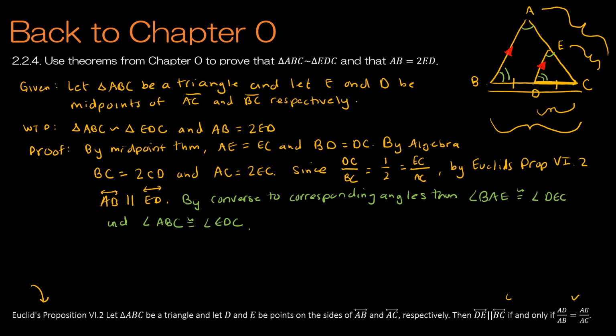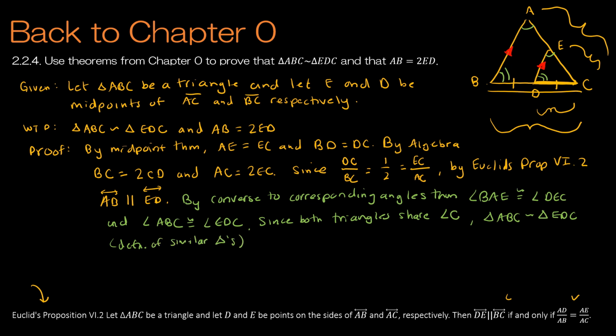Now what? Since both triangles share angle C, I've essentially just proven that all of the angles are congruent. So triangle ABC is similar to triangle EDC, and that's just the definition of similar triangles.